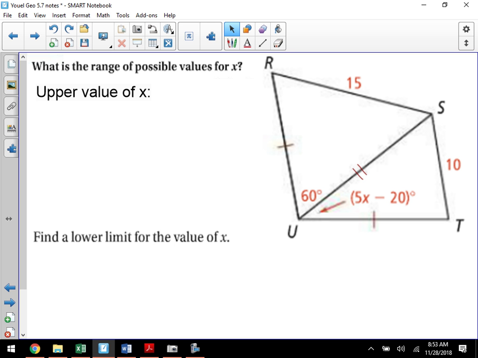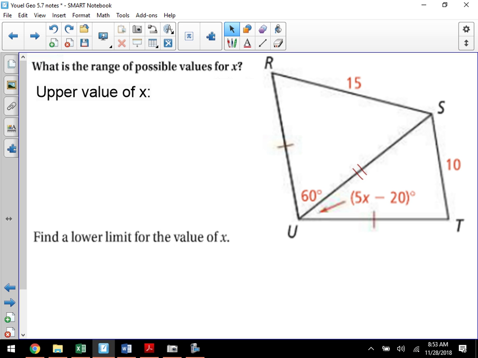So we've got the two triangles, RUS and SUT. RU and TU are congruent. SU is the shared reflexive side, so there are your two sets of congruent sides. That means the angles in between them are the 60-degree angle and the 5x minus 20.